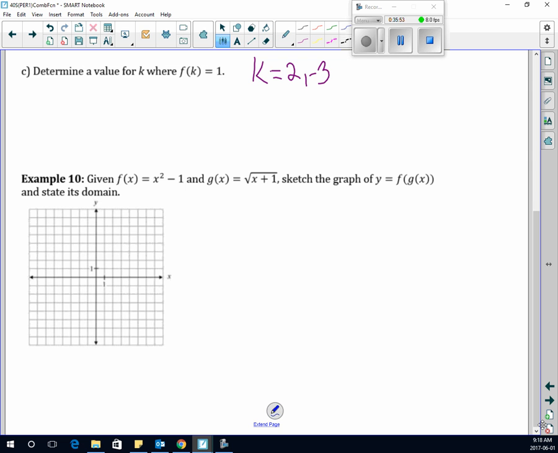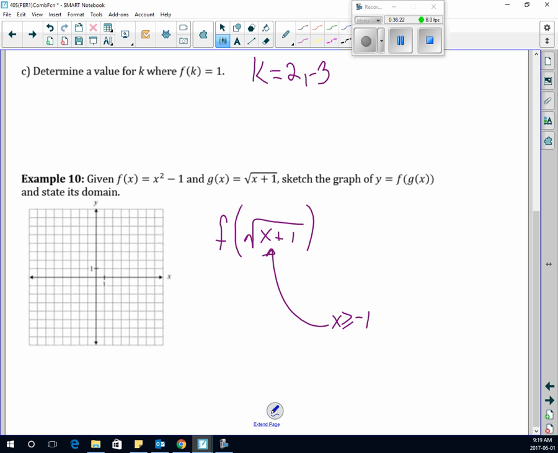We have the parabola and a square root function, and it's asking you to sketch the graph of f of g of x. So f of g of x would be f of the square root of x plus 1. Now here's the thing. We have a restriction going in. What's the restriction? x has to be greater than or equal to negative 1.